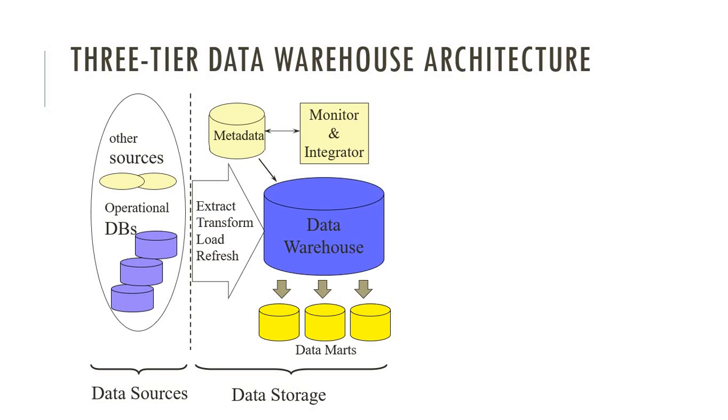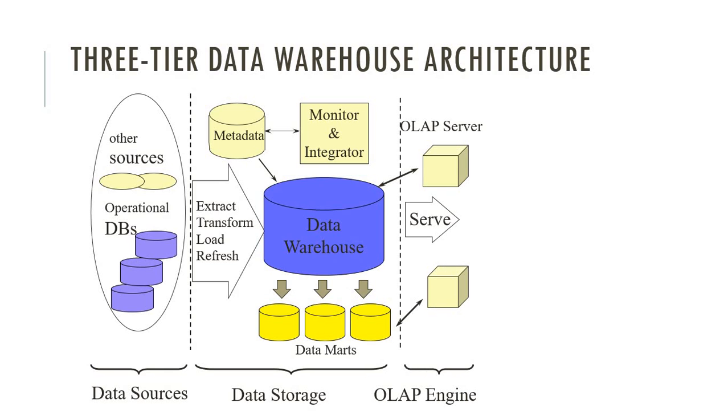Now the second tier is middle tier, and the middle tier consists of OLAP servers. We already learned about OLAP servers in our previous lecture. OLAP is an online analytical processing server. OLAP server analyzes the data from data warehouse and provides the information to the business analyst and manager.